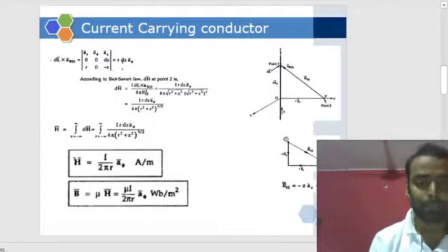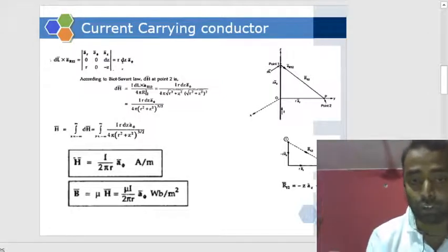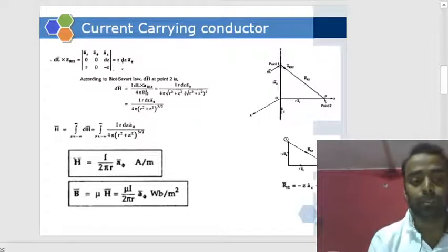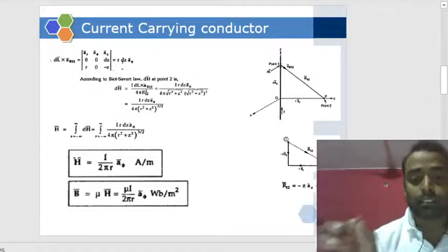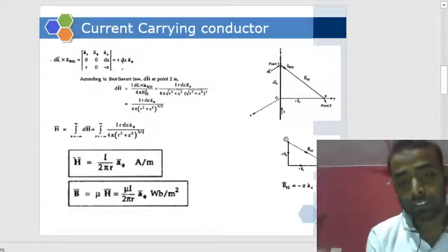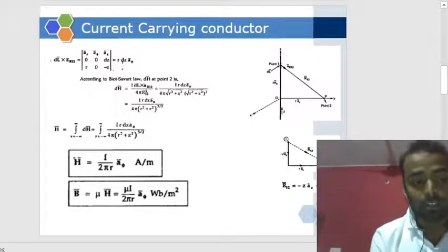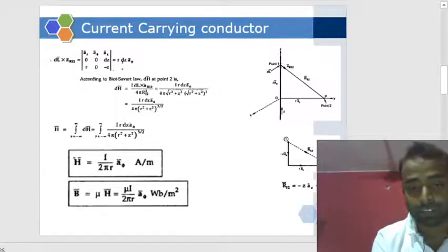Okay. So how will you apply this Biot-Savart law in your numerical problem? It's pretty simple actually. What we have to do is just find the vector r. Once we are done with vector r, we'll simply put all those things in the given formula.